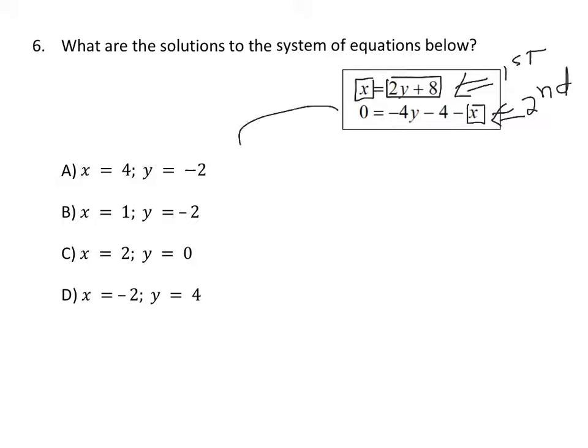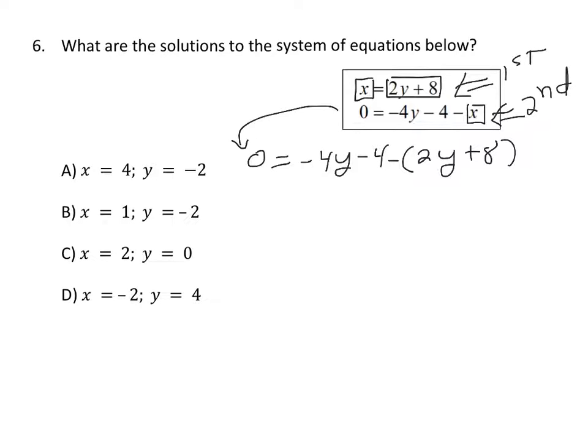Write down 0 equals negative 4y minus 4 minus x. Oh, x is 2y plus 8. There. If you look at it now, we have only one type of variable, which is y, in the equation. So we should be able to solve for y.